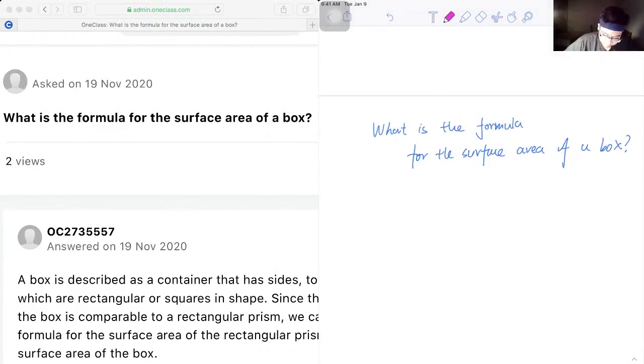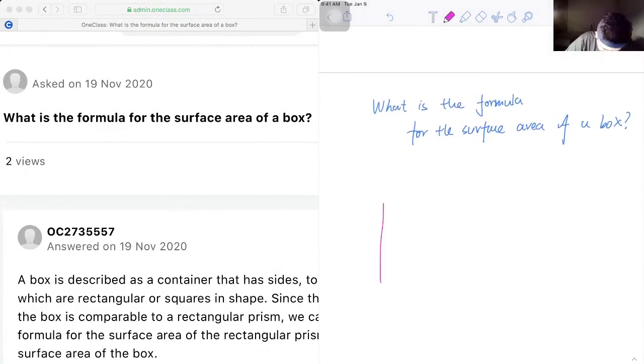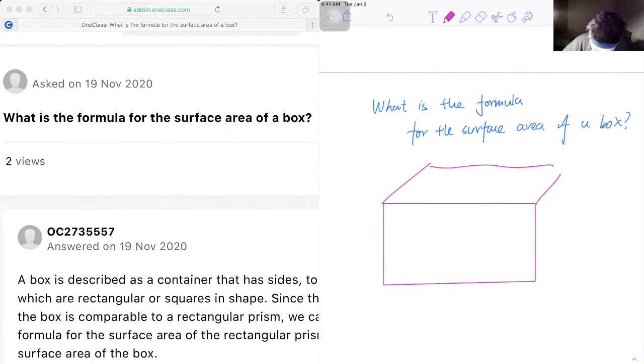Okay. So first, let's draw a box. Should be something that looks like this.